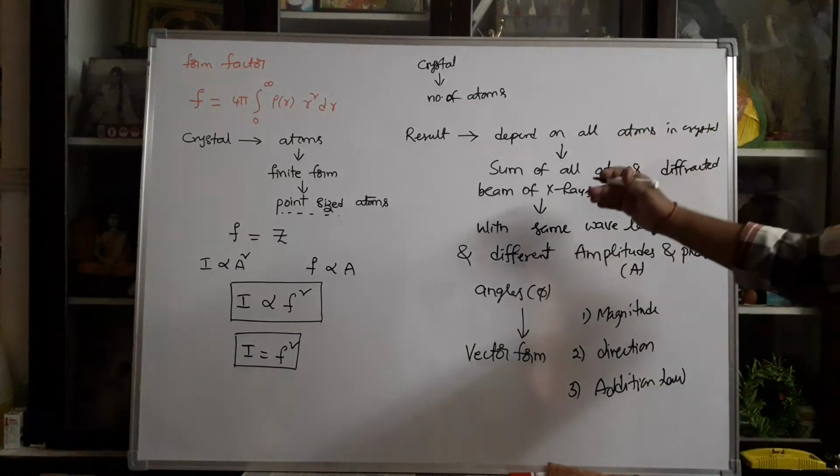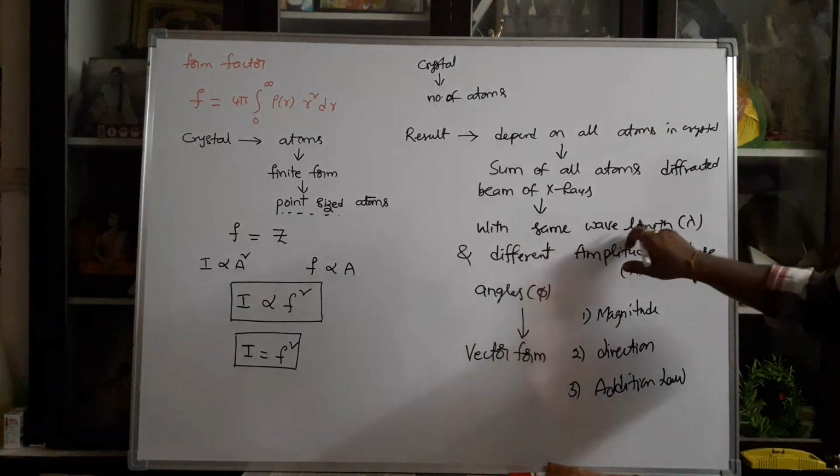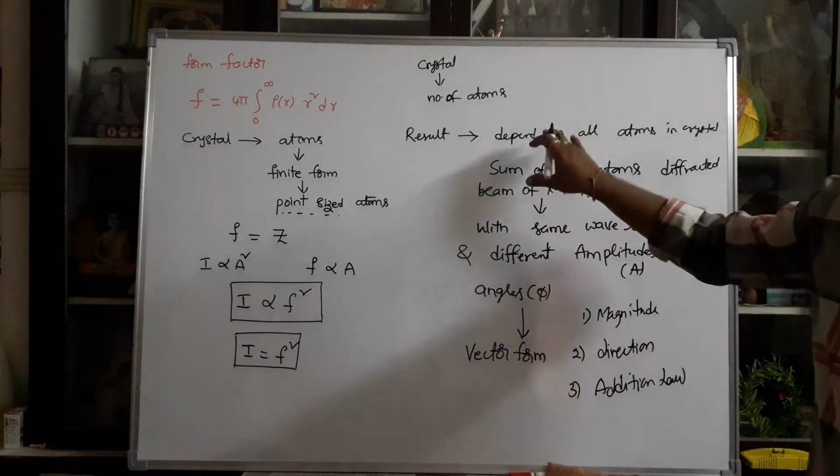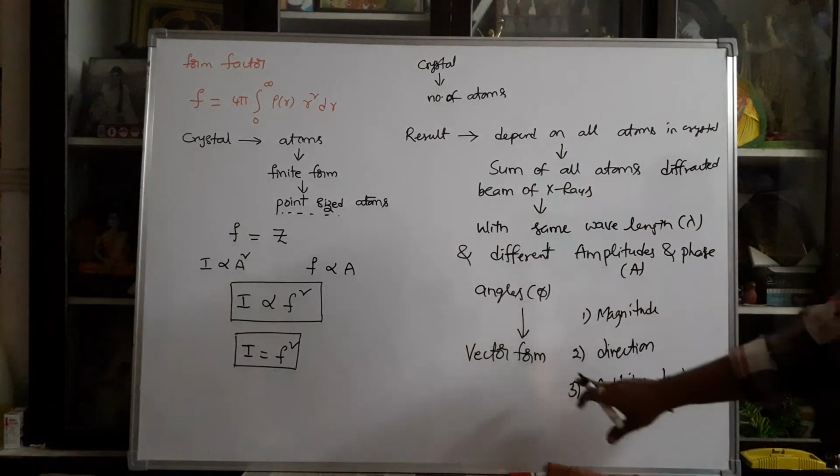So the form factor value and the dependent wavelength, amplitude and phase angles are also derived using vector form.